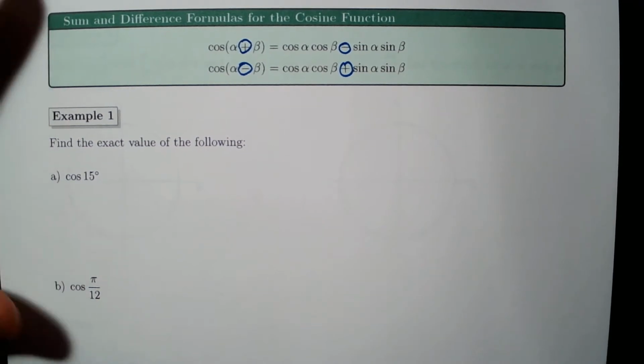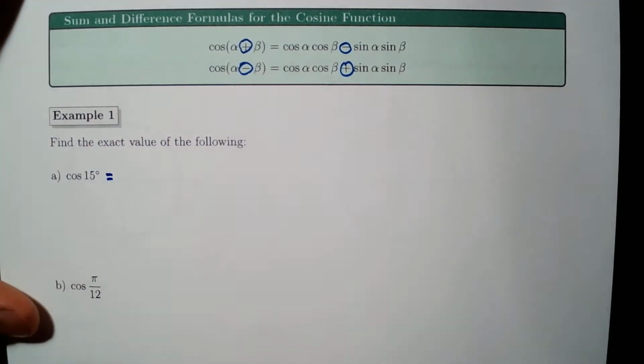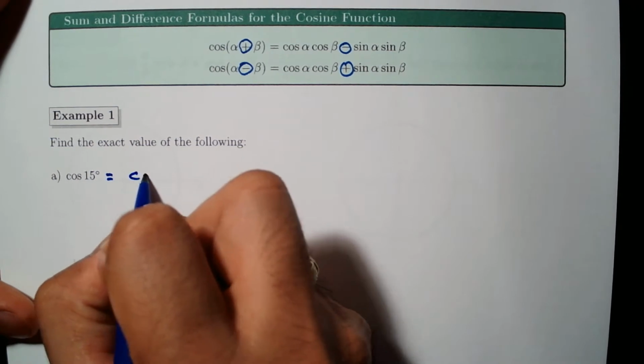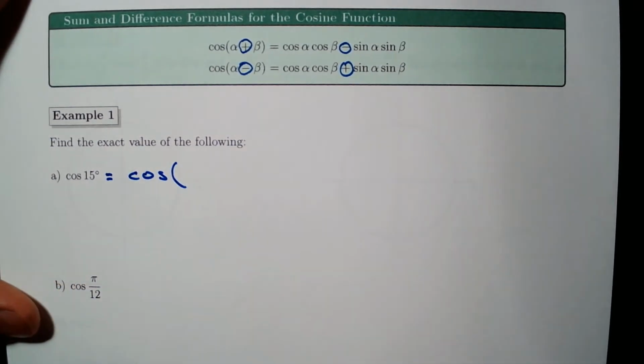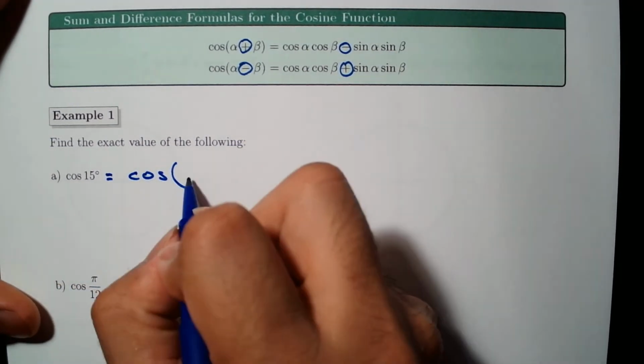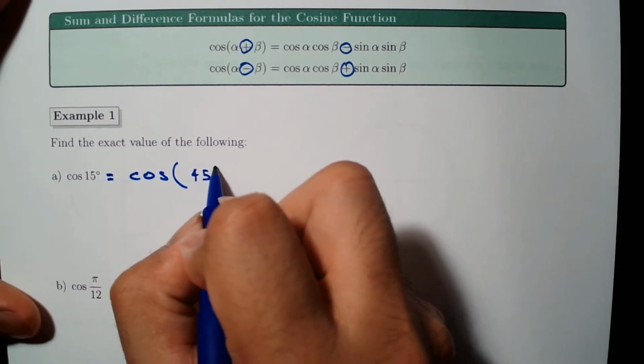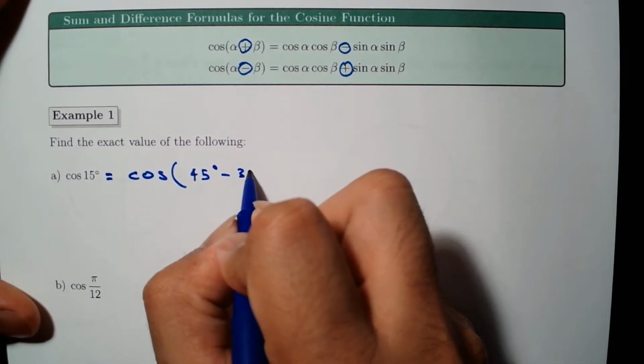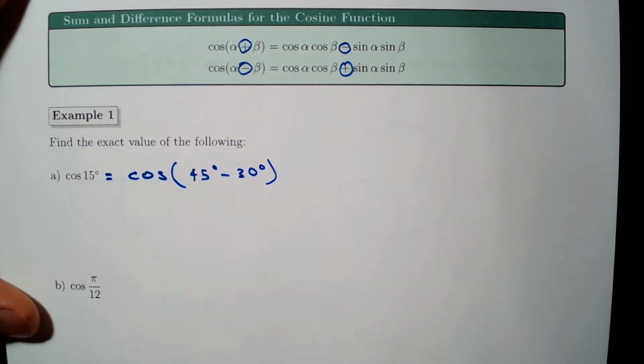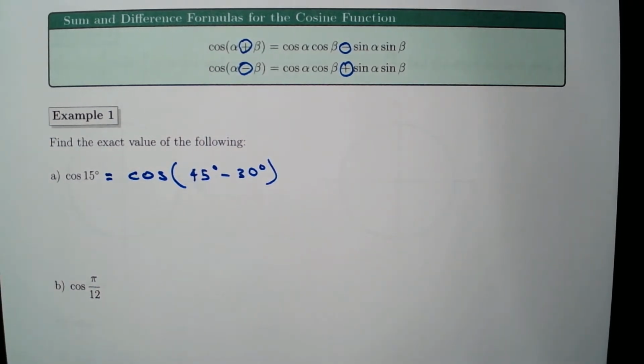You'll see. So the trick here is for cosine of 15 degrees, we're going to write cosine of 15 degrees as 45 degrees minus 30 degrees. All right. Why am I choosing those numbers, kind of randomly? Well, they're not really random exactly.